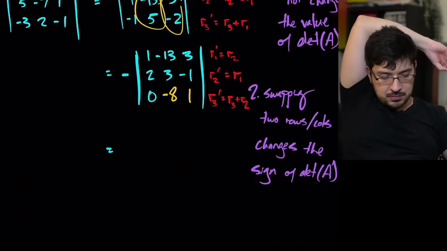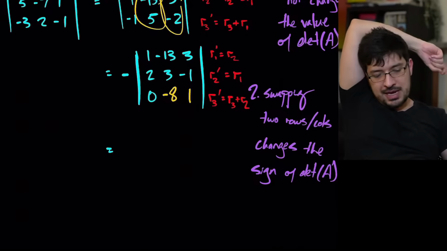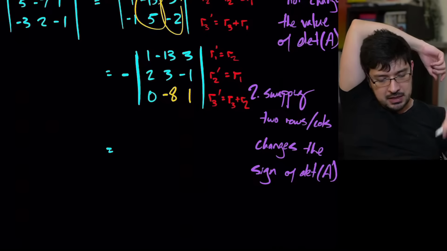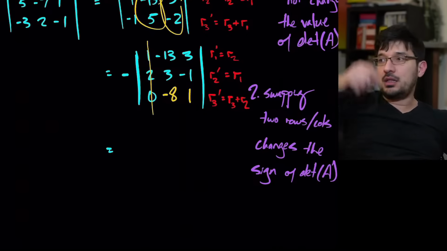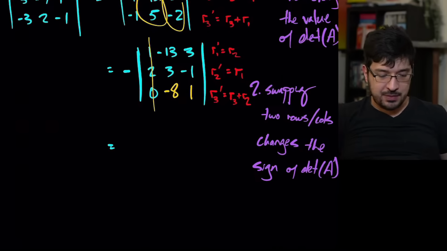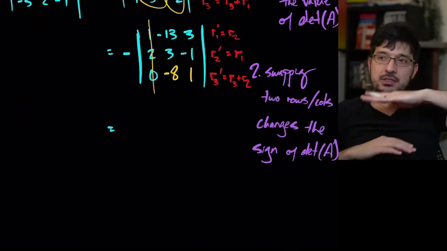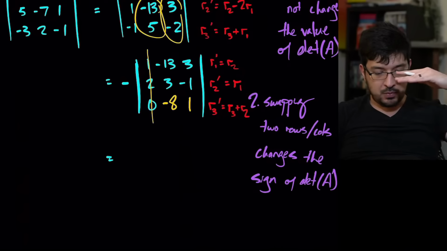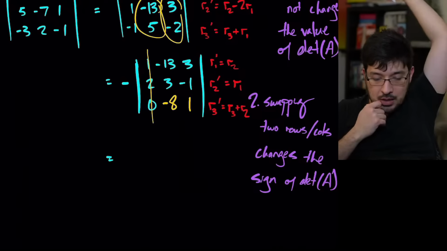Now this is good enough in my mind. I'm going to expand by this column. So I mentioned that we can do expansion by cofactors. We can either go across one row or we can go across columns.